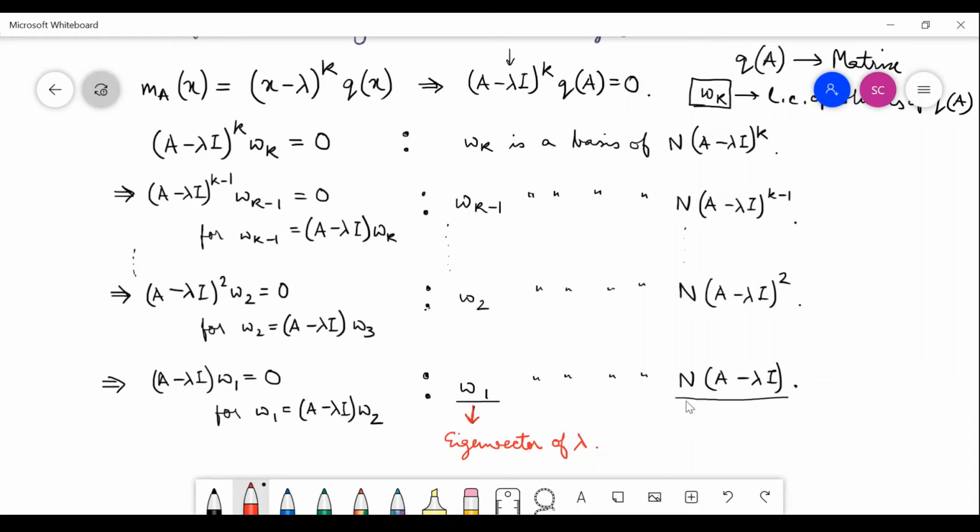But they are basis vectors of these spaces: A minus lambda I square, A minus lambda I cube, and so on, up to A minus lambda I to the k. So I can actually get a series of k basis vectors.